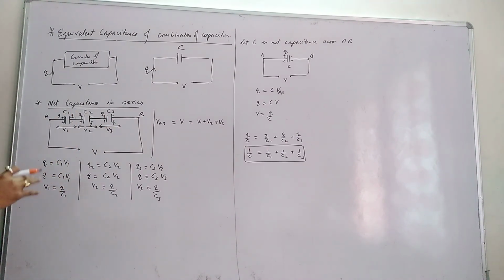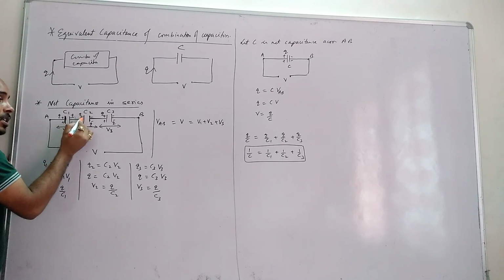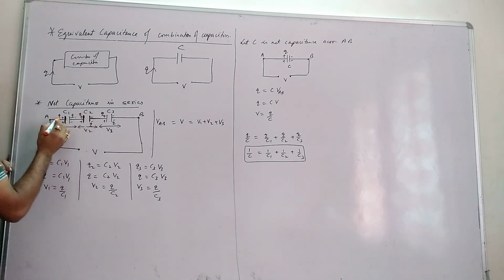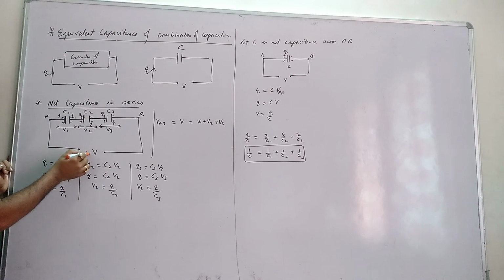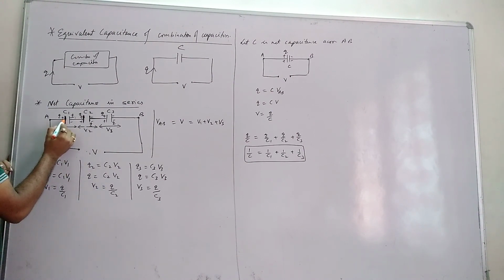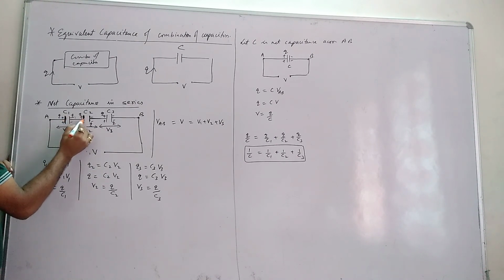Now what will happen? Let the capacitor C1 take in Q charge from the source. That means this plate will have plus Q. This plus Q will attract the electrons from the first plate of C2.